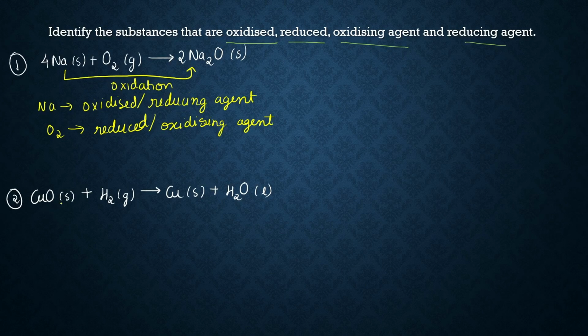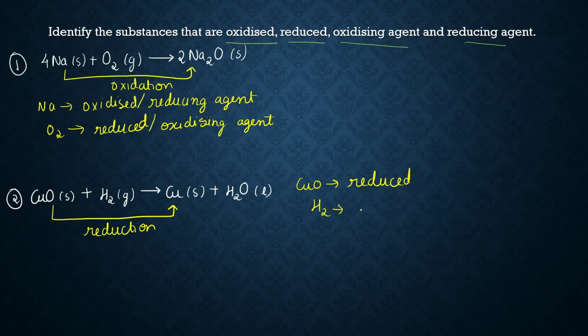Here, copper oxide is reacting with hydrogen gas to form copper and water. If you observe, the copper oxide is losing oxygen, and loss of oxygen is referred to as reduction. Here, copper oxide is undergoing reduction, so it is reduced. Then I can surely say H2 is undergoing oxidation.